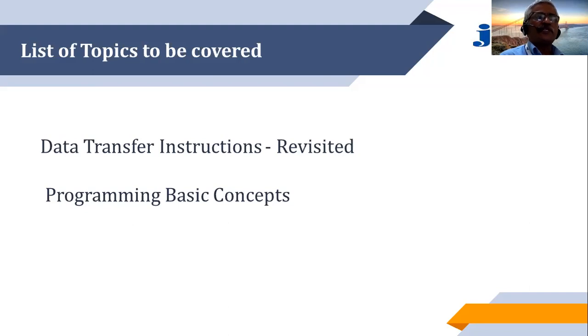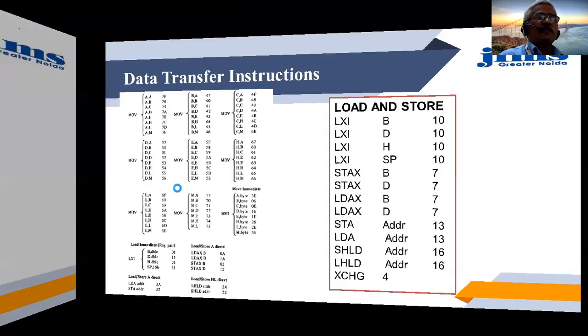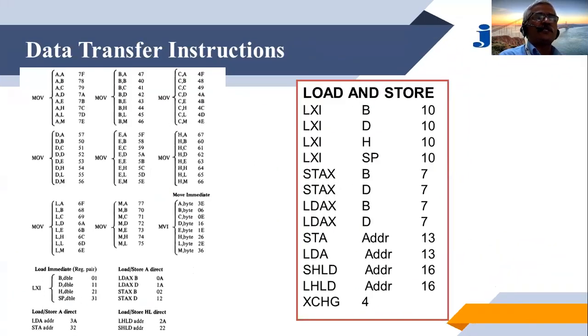So as far as the data transfer instructions are concerned, we are already aware that the data transfer instructions, which would be purely the data transfer, are the move instruction, and the load and the store instructions.